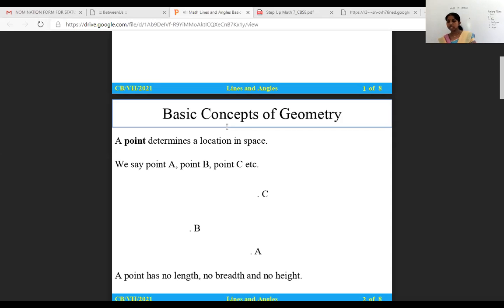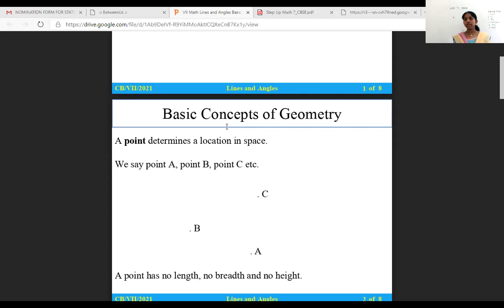A point determines a location in space. This is a clean space, and on it the point determines a location. So we can say point A, point B, point C. That is about a point. One more concept: does the point have a length?